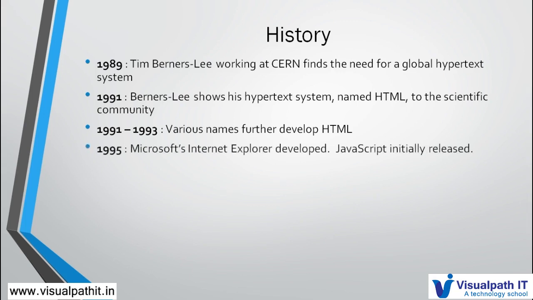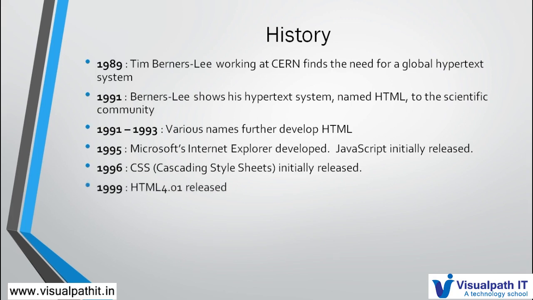Going next, in 1995, Microsoft's Internet Explorer developed JavaScript, initially released. In 1996, CSS, which we call Cascading Style Sheets, was initially released. Then in 1999, HTML 4.01 was released.